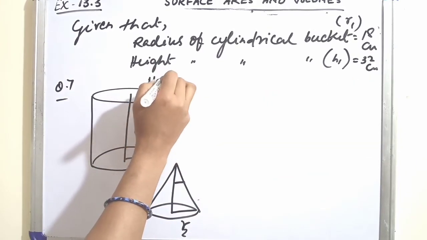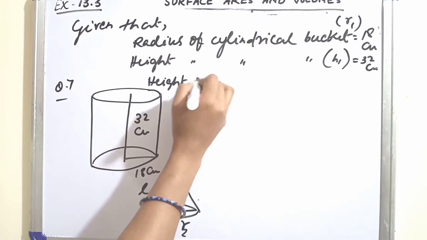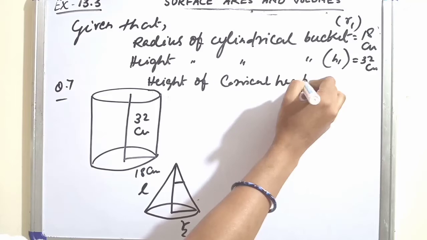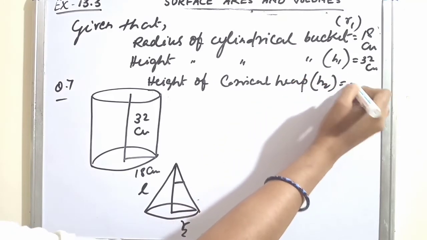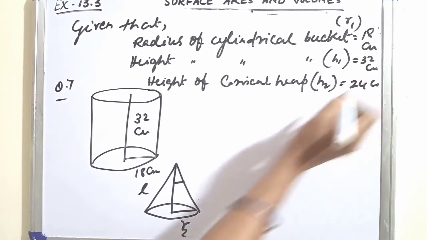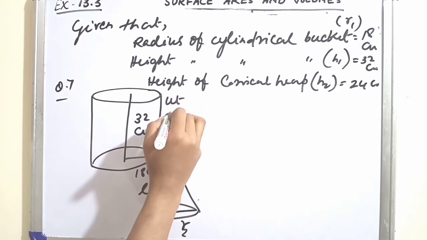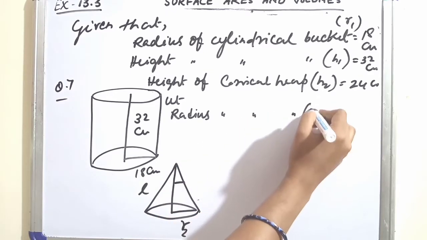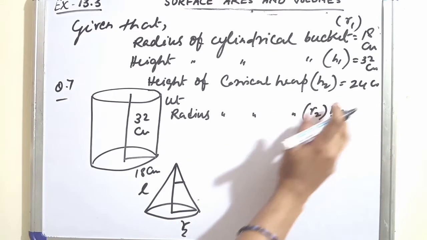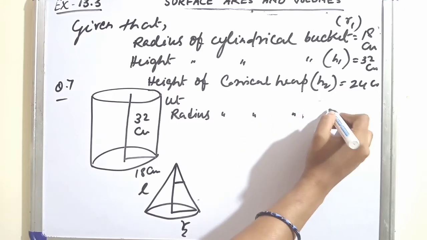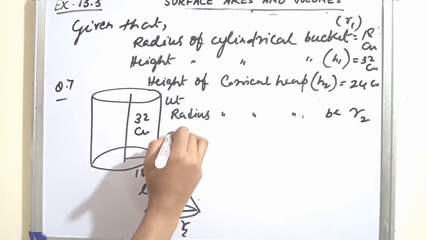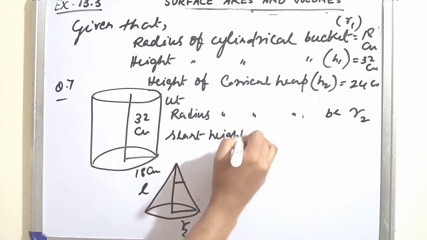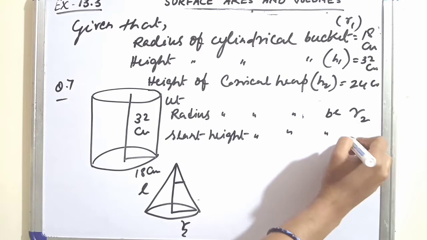And the height of the conical heap, suppose this is H2, is equal to 24 centimeter. Let the radius of the conical heap be R2 and the slant height of the conical heap be L.